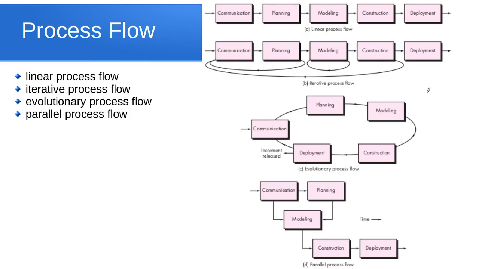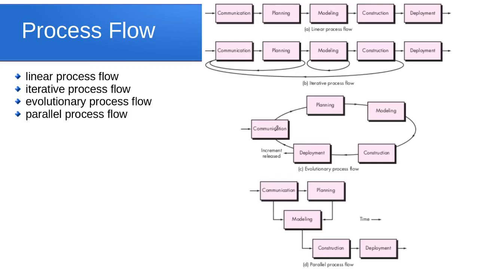Not only this, there can be evolutionary process flow. In evolutionary process flow, what will happen? We have started with communication, planning, modeling, construction and then deployment. But here, again we have started the communication, because we have in mind that this was not the whole software, this was just a release, I should say an increment release, and it had certain features and functions, but now we have to add some more features and functions.